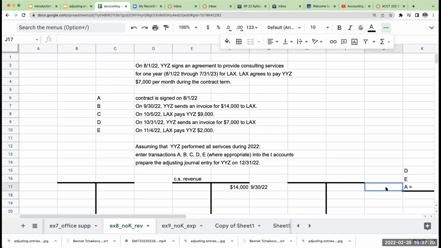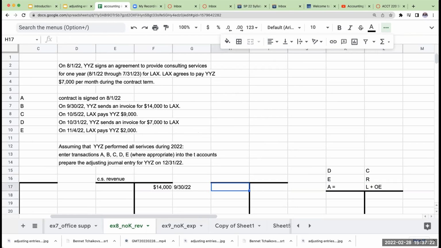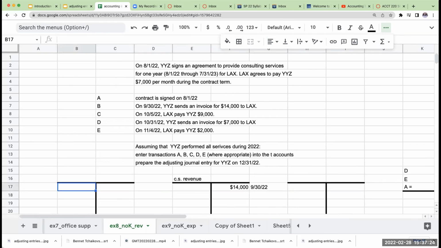I record revenues with a credit. Now they're not paying me cash because I'm sending over an invoice, right? So I'm going to debit accounts receivable because they owe me the money, on September 30th, 2022, for 14,000.